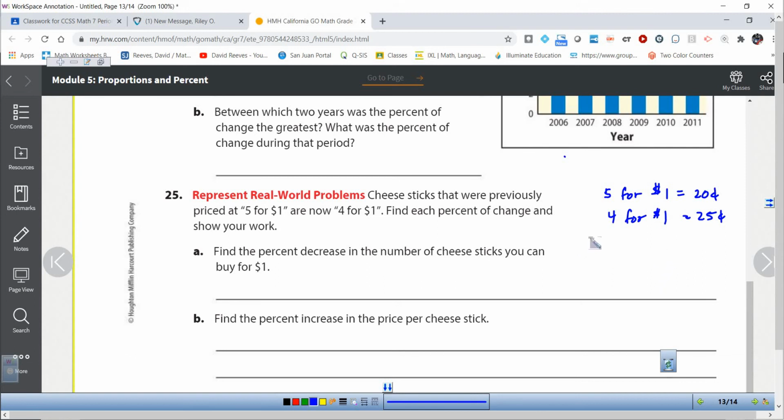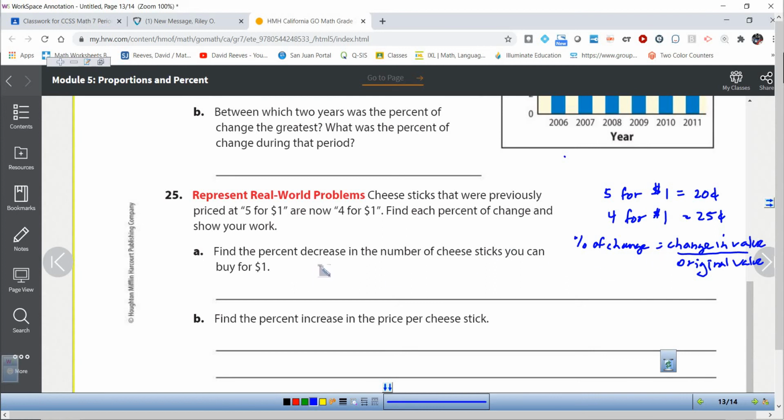So remember, if we're going to find the percent of change, we're going to find the change in value over the original value. I keep saying this, but it's what you have to remember. What was the change in value?